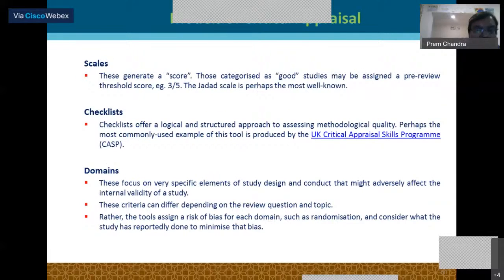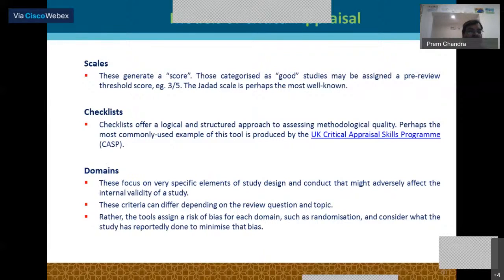Okay, so what are the different models of critical appraisal? Basically, there are three models that are used. These are the scales, checklist, and domains. Due to the time limit, I'm not going to discuss each one of these.